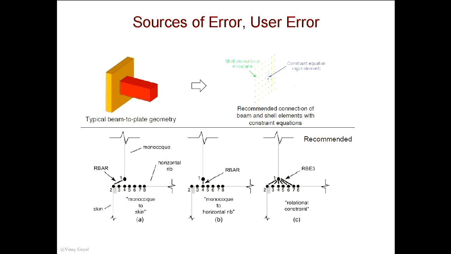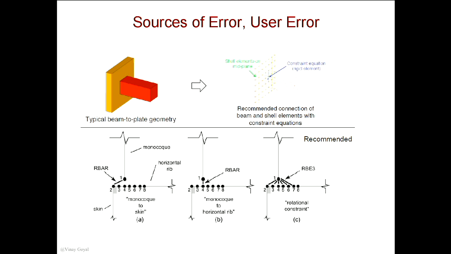Other problems I've seen is, this comes from the same paper, but you have a beam to plate geometry, so that's a connection right there. And so sometimes what you may want to do is constrain with the rigid bars, so 1D elements. Just make sure that beam, its footprint is connected well to the shell plate through rigid elements encompassing the footprint of that cross-section.